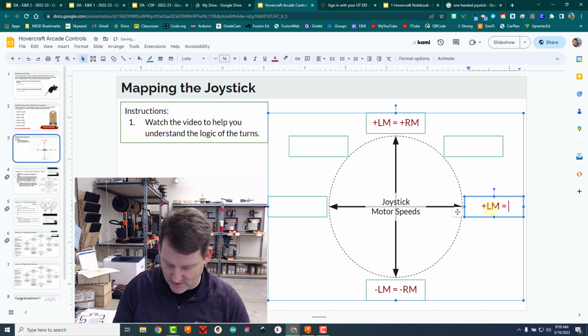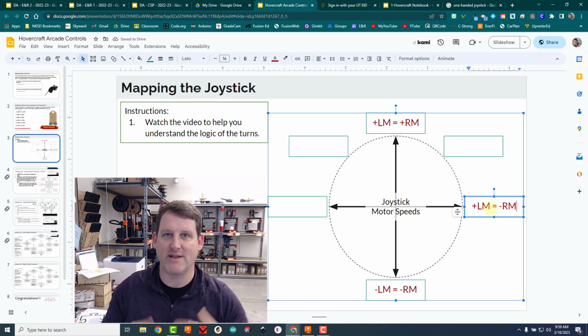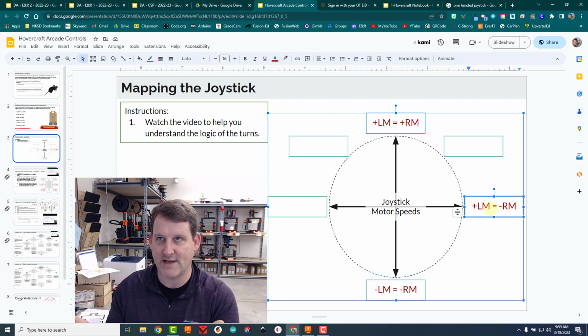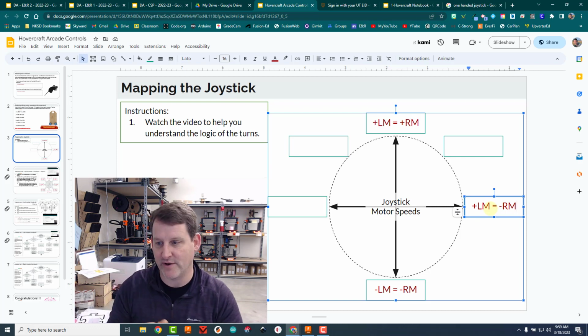And it's going to be equal to the negative right motor. So in this case, equals here means equal in size. So if left motor is 100, right motor is 100, except the left motor is plus 100, the right motor is minus 100. So here it's a non-mathematical equals.